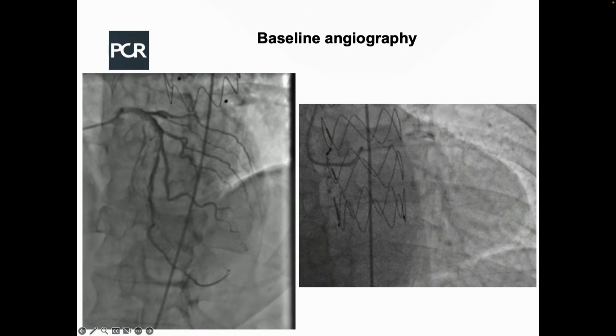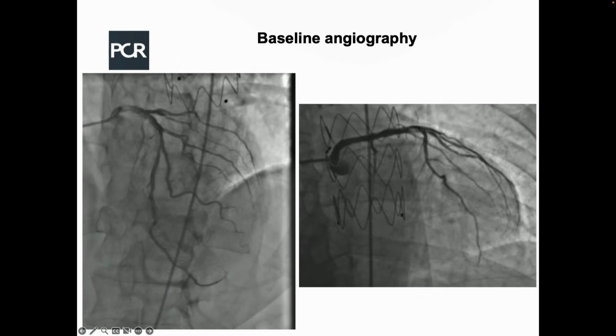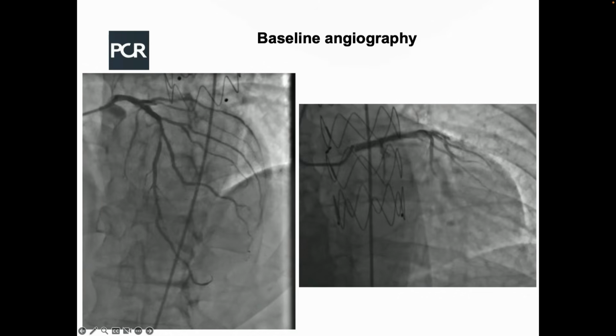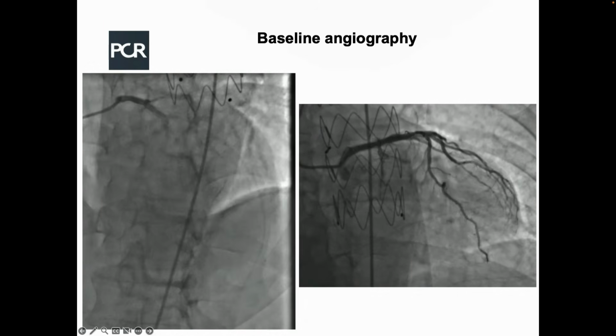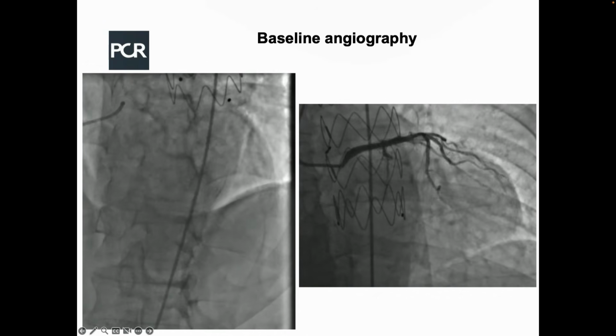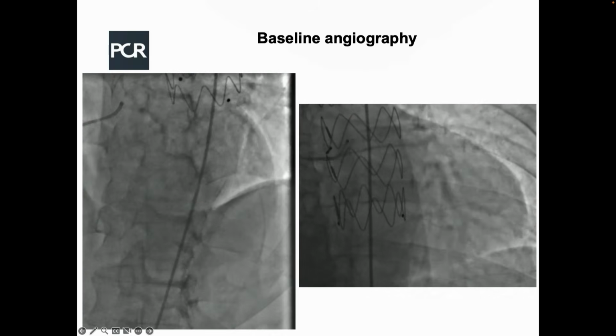In the other cranial view, you can appreciate that maybe the ostium of the second diagonal is not involved in the lesion. So maybe a Medina 110 on the second bifurcation, and the circumflex network is occluded.